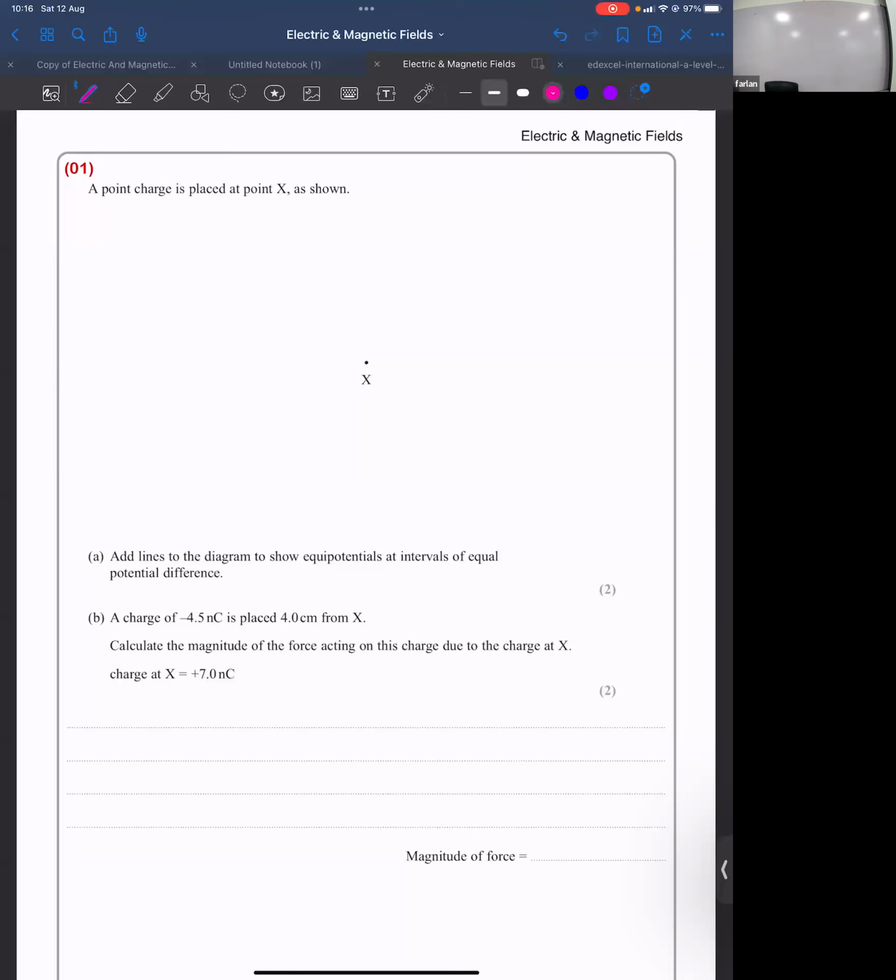How many potential lines are needed? Minimum 3 needed, no? Because they are asking you to add lines to show equipotentials at intervals of potential difference. The minimum 3 will be needed.